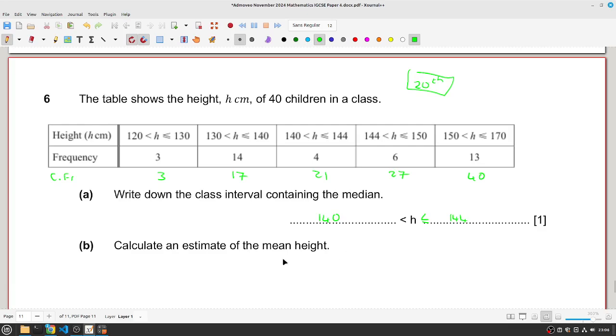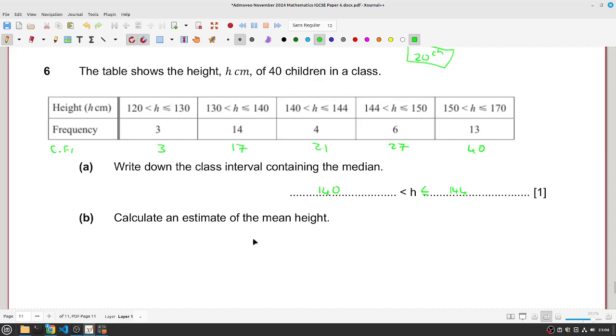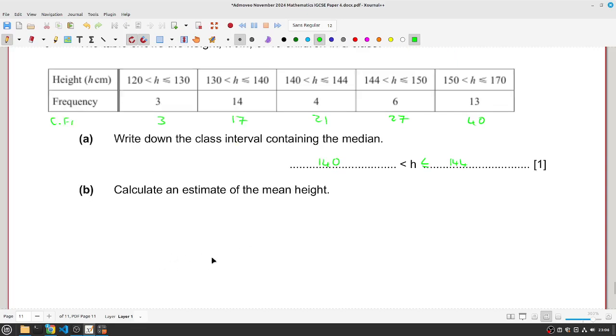Now calculate an estimate of the mean. To do that, we first need, okay, now I'm going to erase again, because I probably want to use that space. So we want the midpoint of each interval here. Halfway between 120 and 130 is 125.